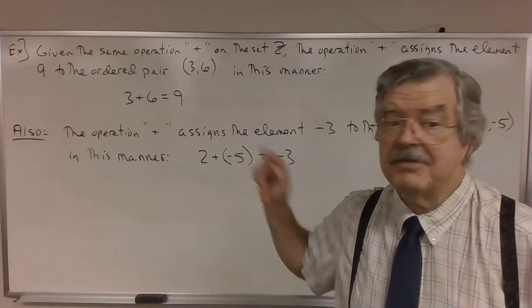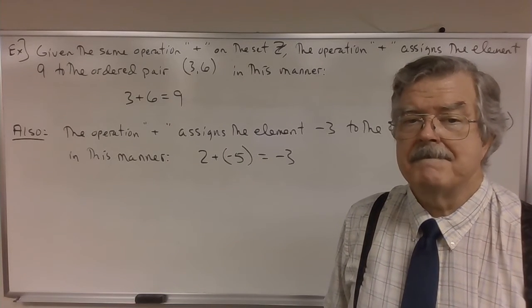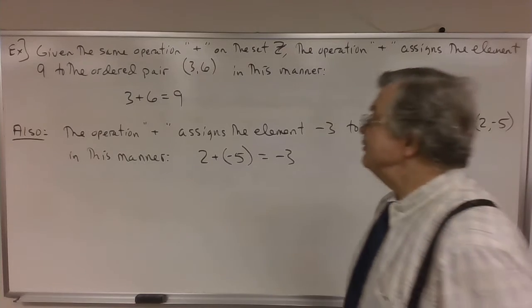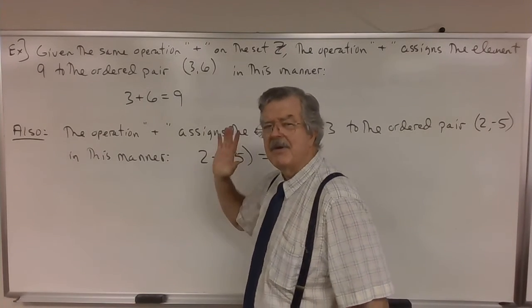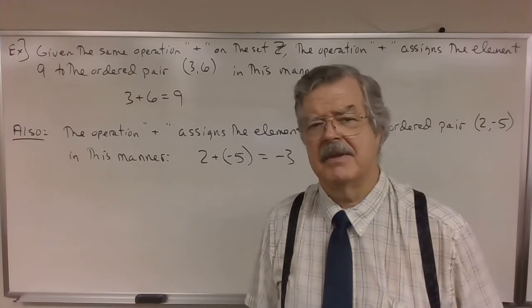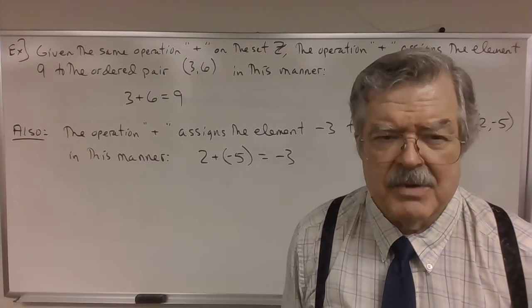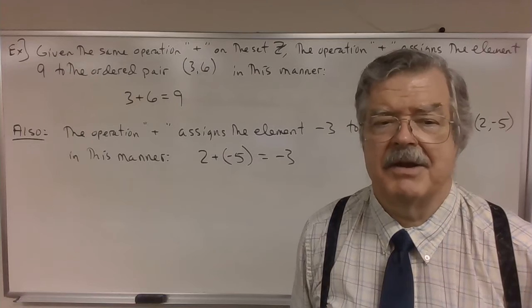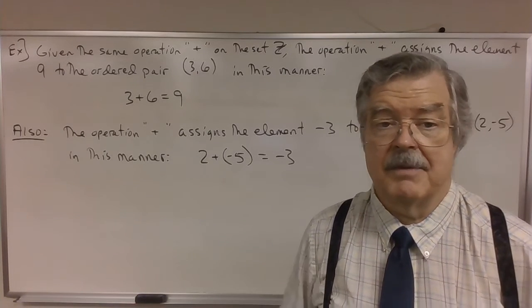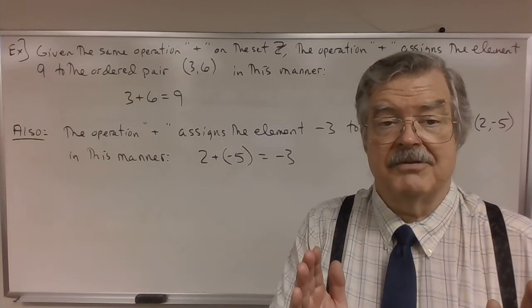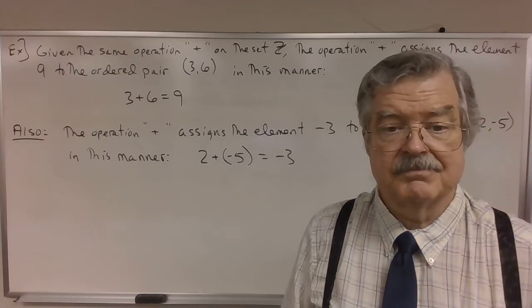And in this case, that's true. In this case, the order of the elements in the pair turns out not to matter. But that's not always the case with a binary operation. So let's look at an operation where the order of elements in a pair does matter.